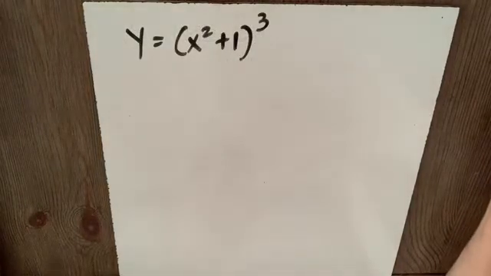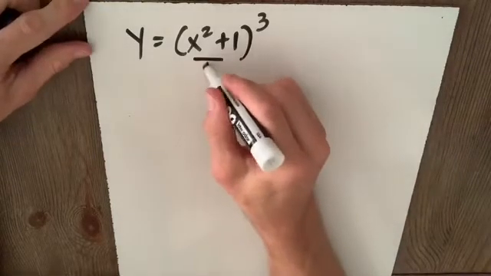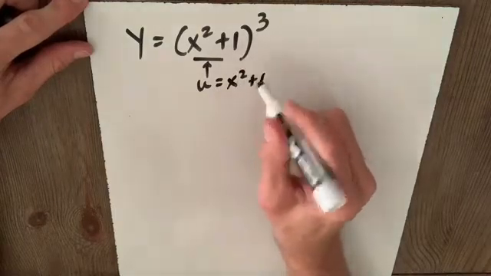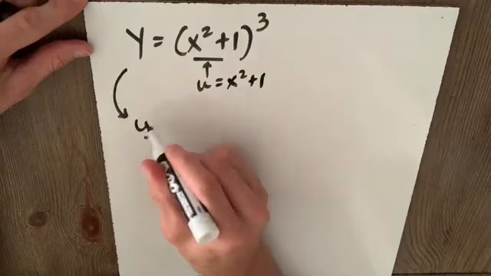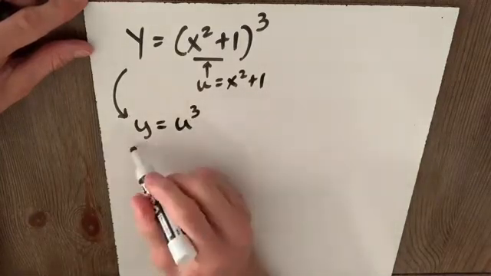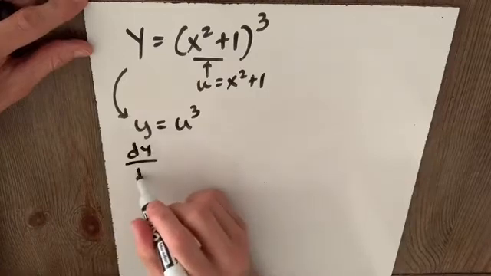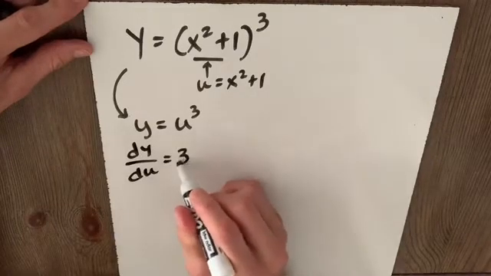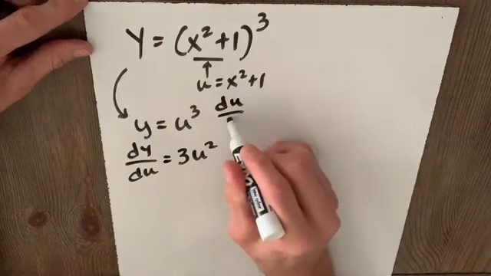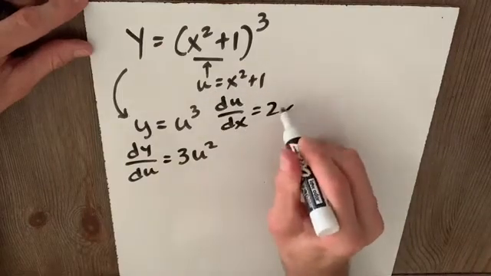Find the derivative of y equals (x squared plus 1) cubed. Oh, shoot. This is a chain rule problem because this is not just x. So I said let u equal x squared plus 1. So this turns into y equals u cubed. Y in terms of u, so that means our derivative here, dy/du, is 3u squared. U in terms of x, that means du/dx is 2x.